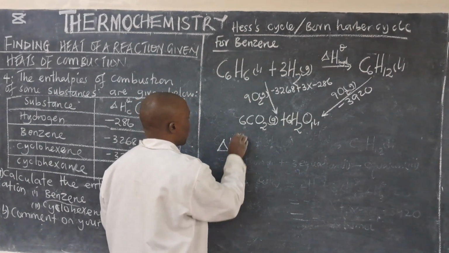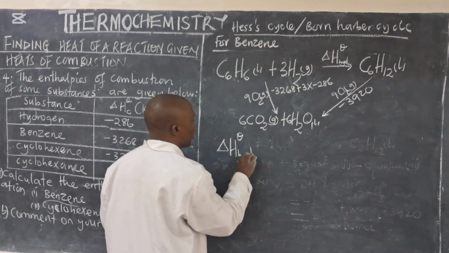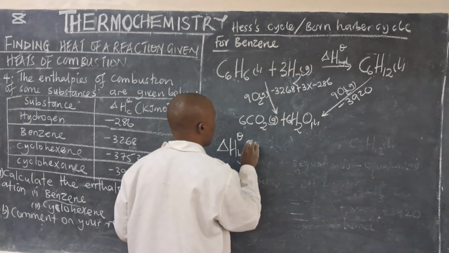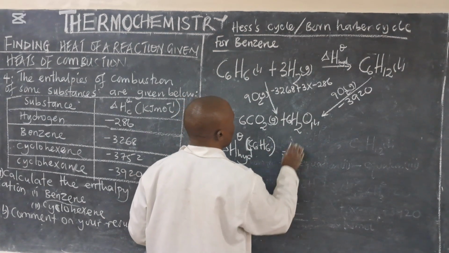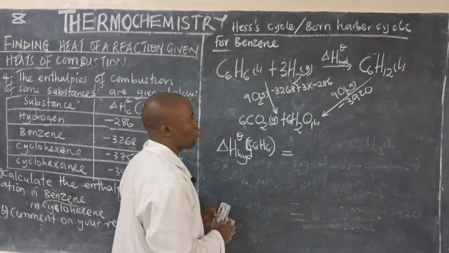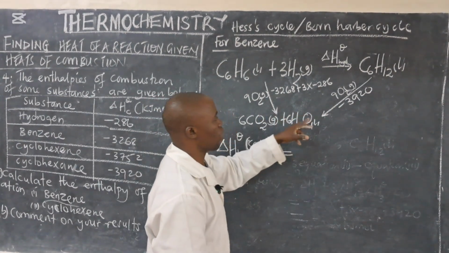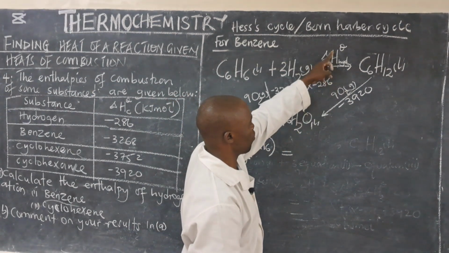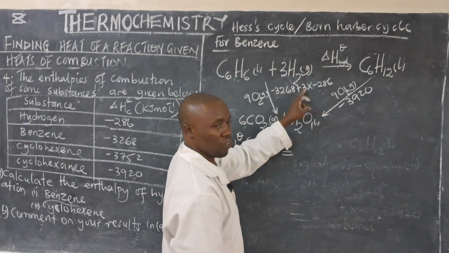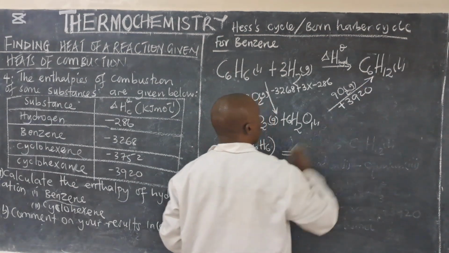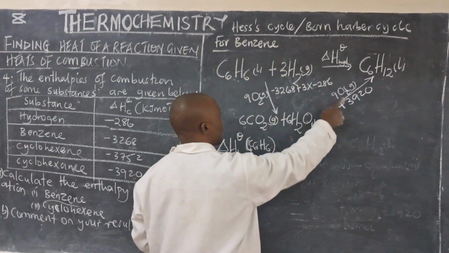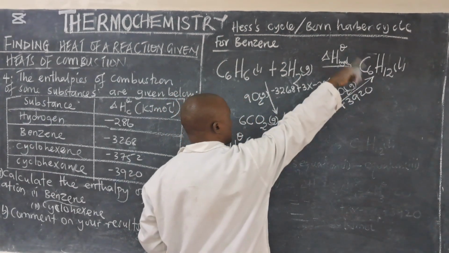So the enthalpy of hydrogenation of benzene would actually be this. To avoid mix up of arrows, of course clockwise I have this and this is equal to this. So to avoid that, I can reverse this arrow, then put a positive here, so that this and this are both anti-clockwise and this is clockwise.